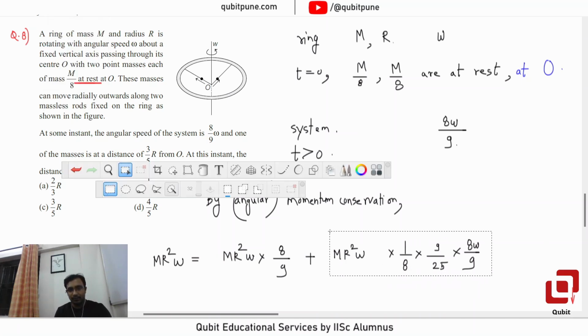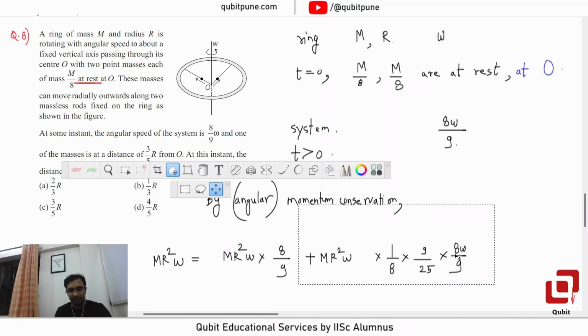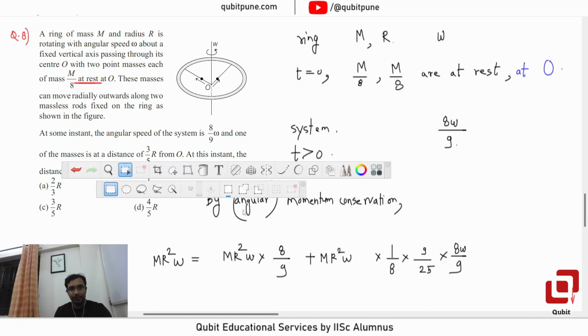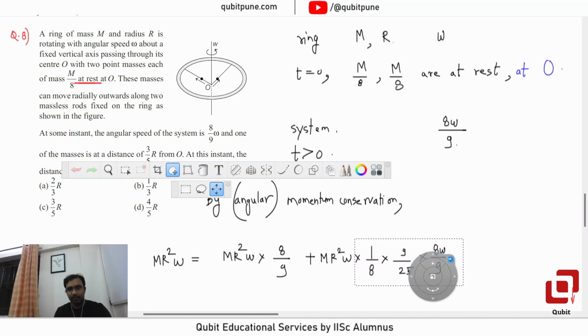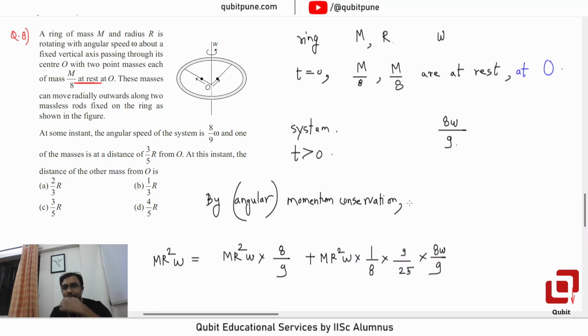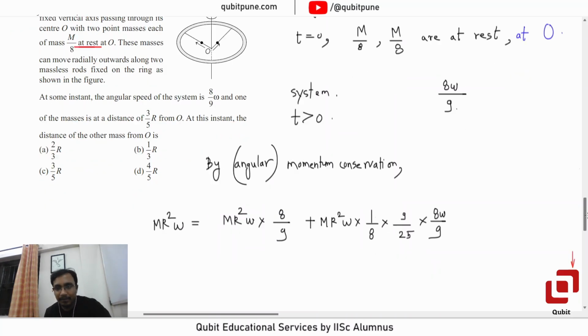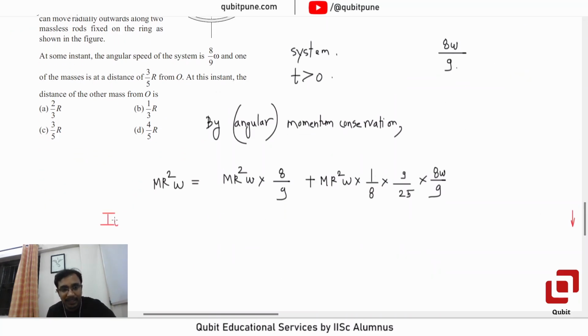Now we have to write down a similar expression for the second mass. Angular momentum is I omega. What is I?